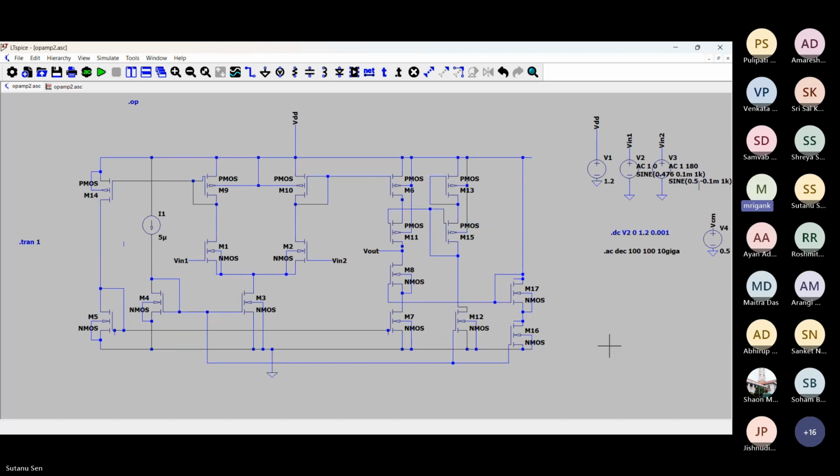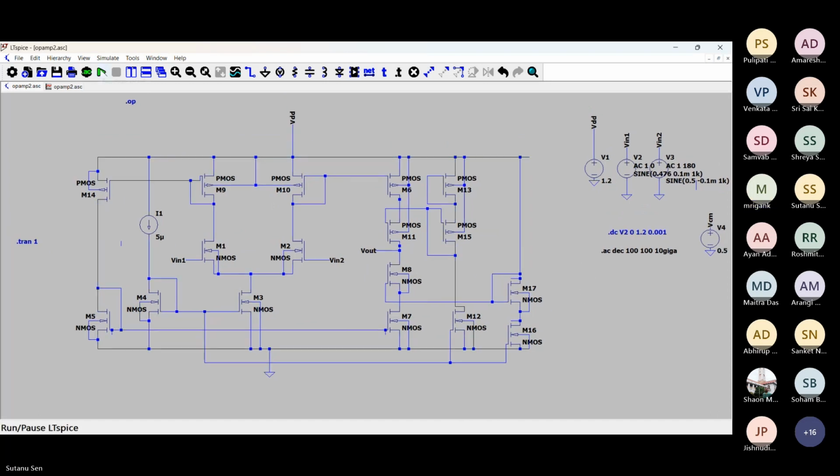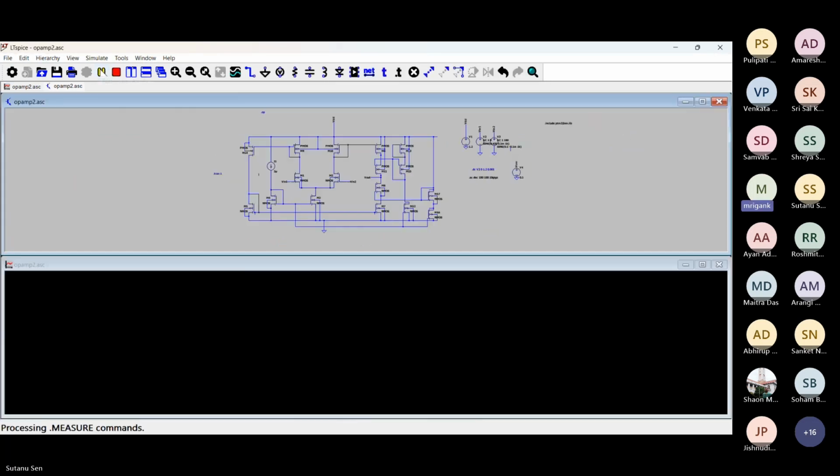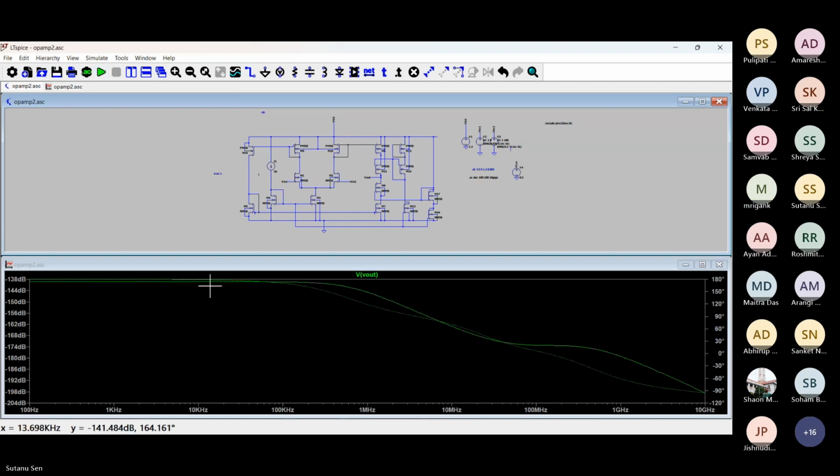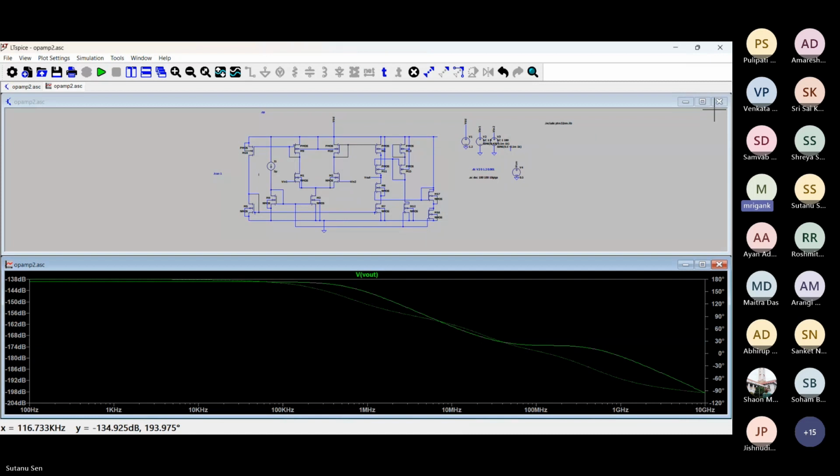Check the plot. Do the AC plot again. So there are multiple poles coming. You have to change the DC value. Change the DC value so that again you have to find out the new point.